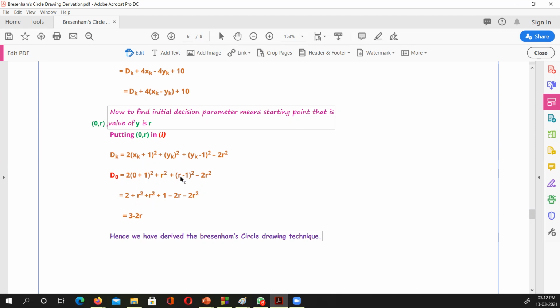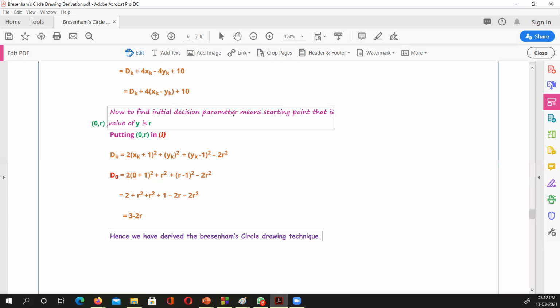Then r square, then r minus 1 whole square, that's a square minus twice ab plus b square, that is r square minus twice r plus 1, and then minus twice r square. So this becomes 2 plus 1 is 3, r square plus r square is twice r square, and minus twice r square cancels, so minus 2r stays here.